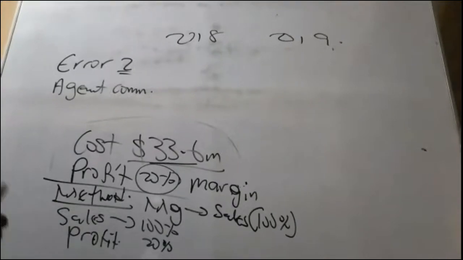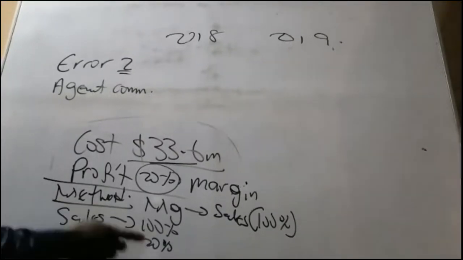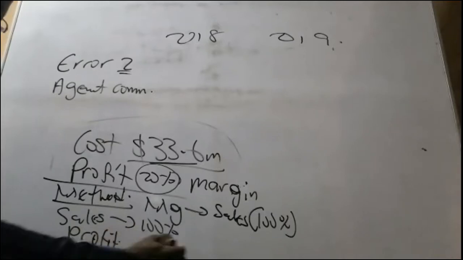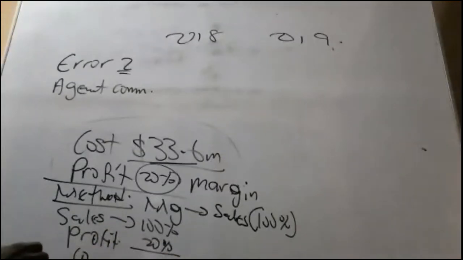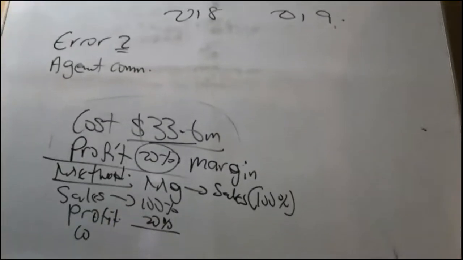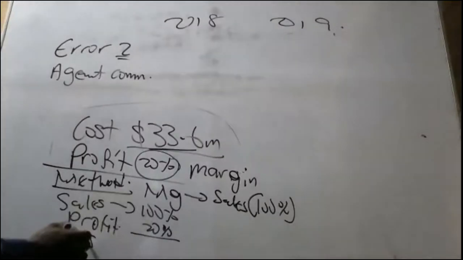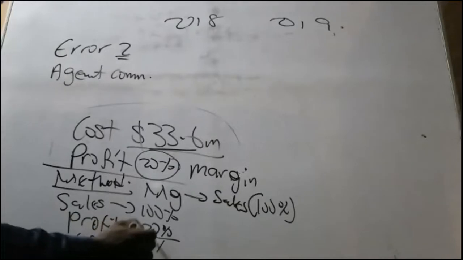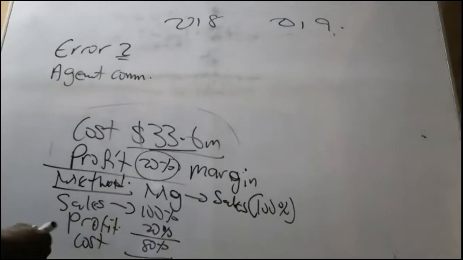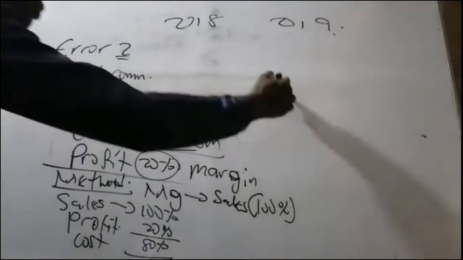Now, let's say the truth too. If sales is 100 and profit is 20, what will be the cost? If profit is 20, sales is 100, then the cost should be what? 80%. That is all. Now that you know, then you start elementary.